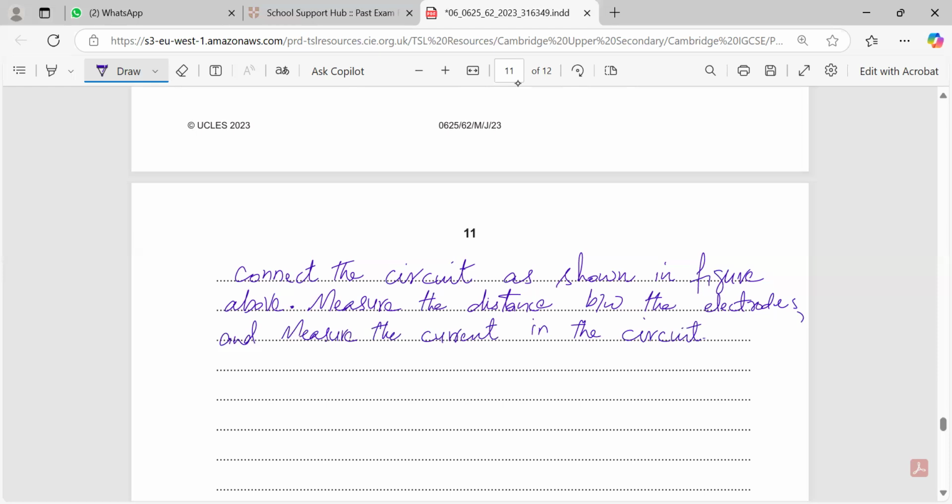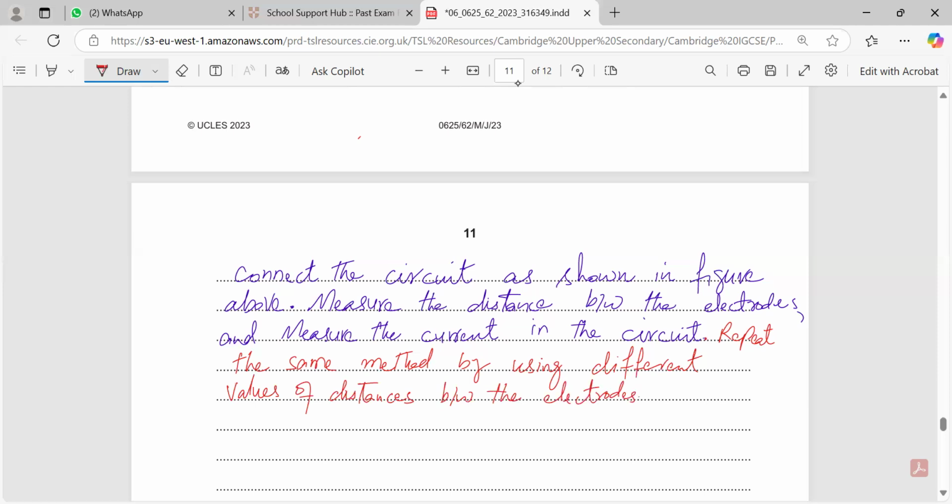But always remember, how to do the experiment will never be completed if you are not writing this: repeat the same method by using different values of distances between the electrodes.